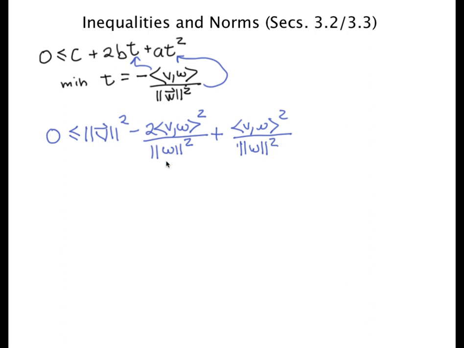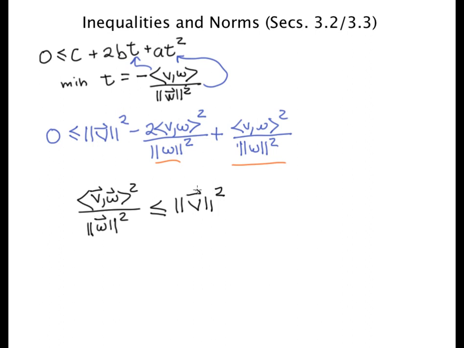So these two terms are the same, except for the 2. And so if you rearrange terms, you find that VW squared over the length of W squared is less than or equal to the length of V squared.